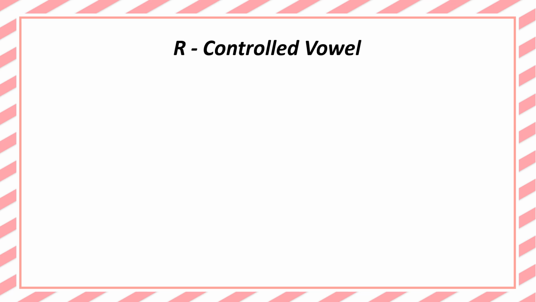R controlled vowel. Friends, have you noticed when we teach CVC words, we don't teach R related words, because R changes the sound of the vowel? Actually, it controls the sound of the vowel. For example, AR doesn't give the sound of air. It's ar, as in car, hard.